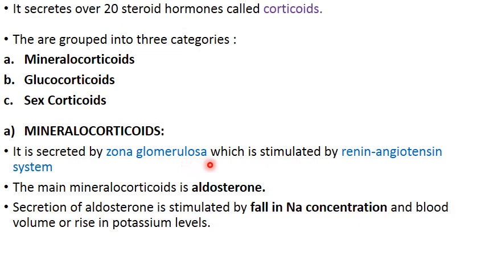And what is going to stimulate its secretion is this renin-angiotensin system. So if you recall, you have read this before.